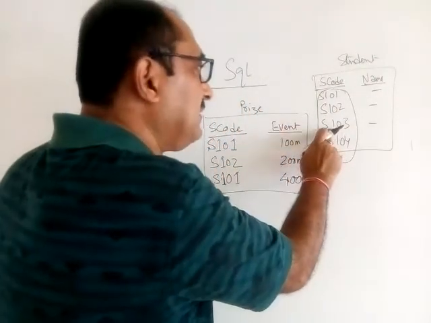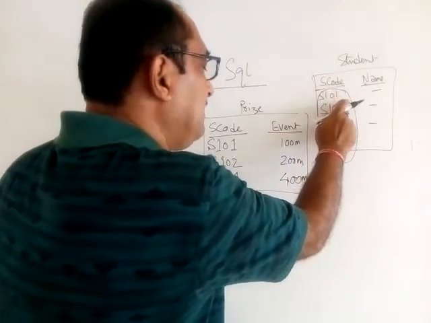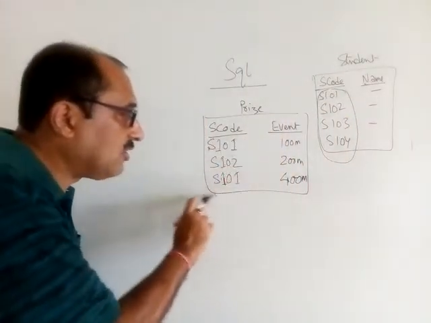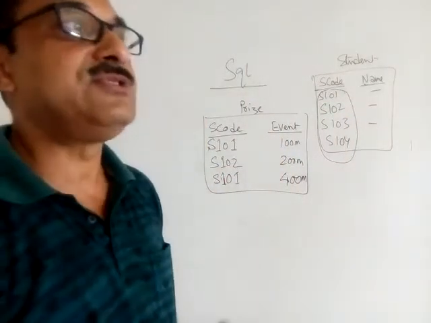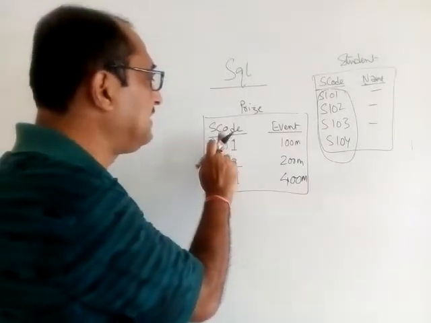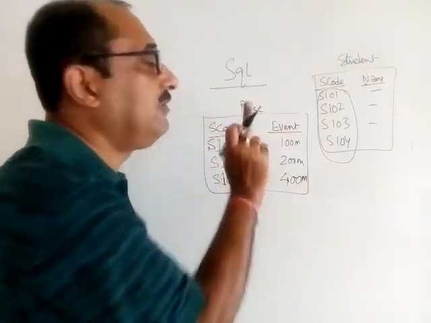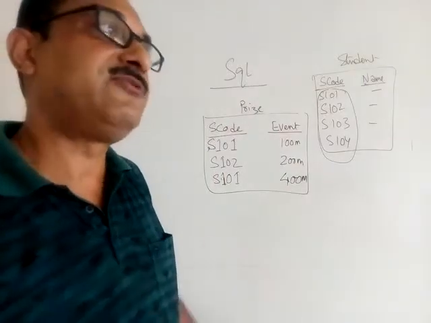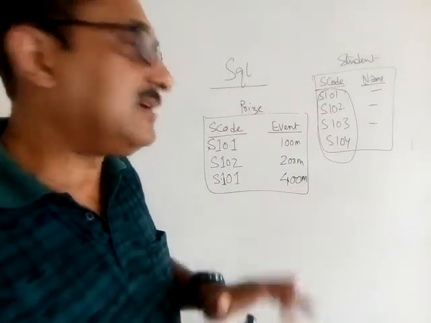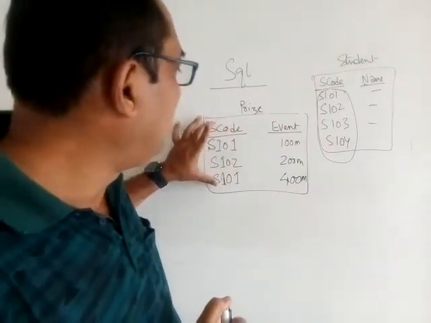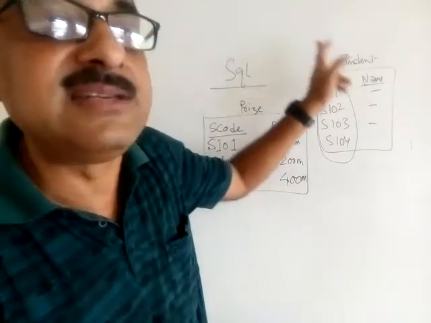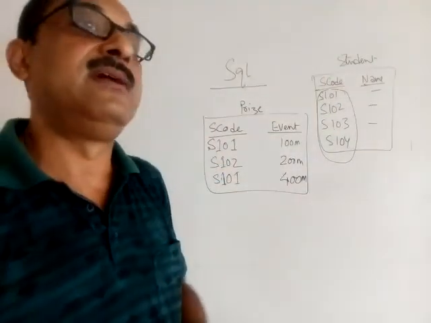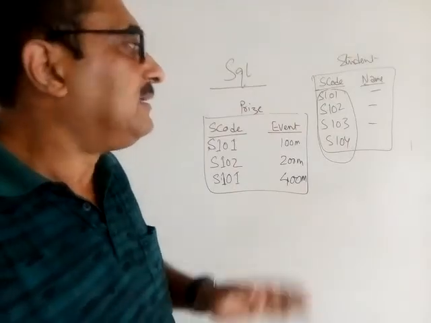Now the same S code is primary key here, but in this other table it is not a primary key. If you have a situation like this, then we can say that S code for this table will be a foreign key. So what is a foreign key? A foreign key is the key in a particular table which is a primary key in another table. Then we call it a foreign key.